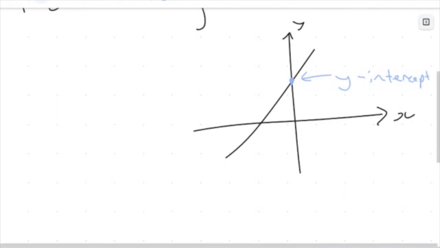But you can see this graph also passes through the x-axis at one point. And this is what we call the x-intercept. Now, we only learnt about the y-intercept in the last course, but here we can actually think of a lot of linear relationships as having both an x-intercept and a y-intercept.